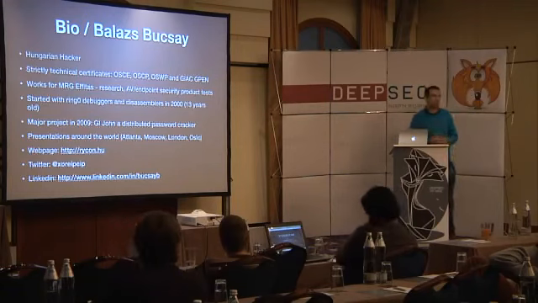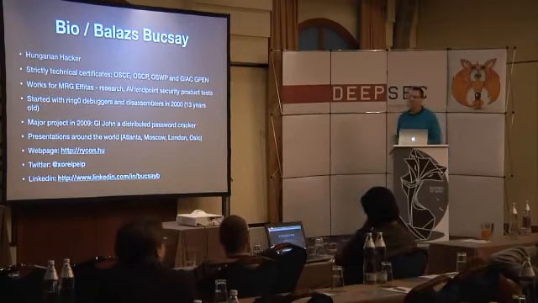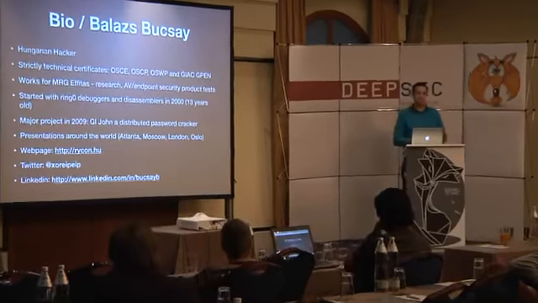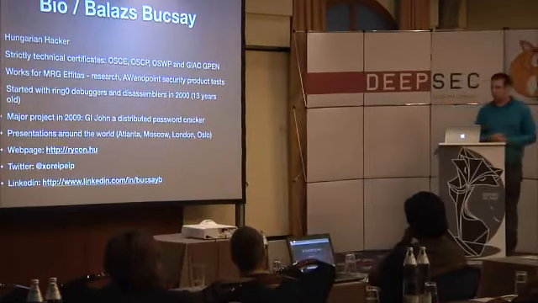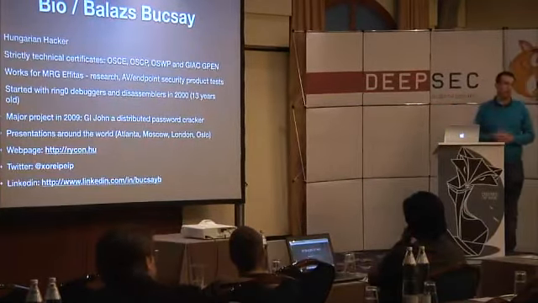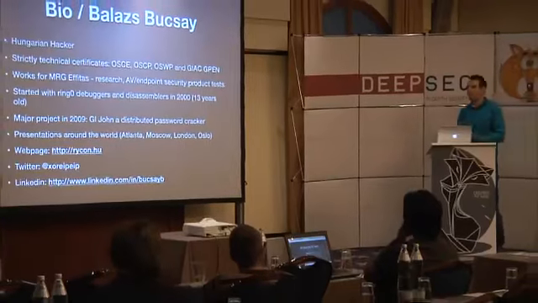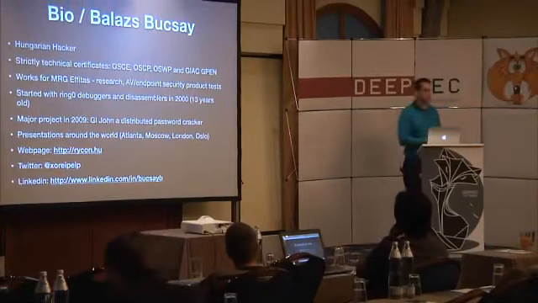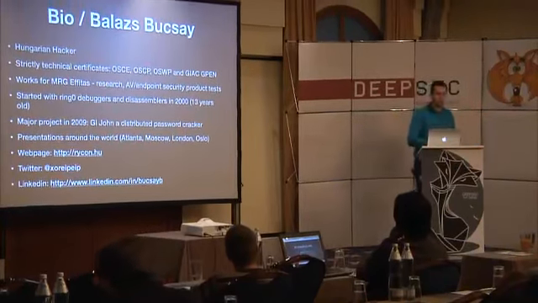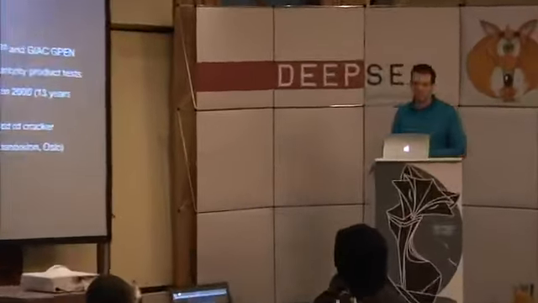Please raise your hand if you know about the GPU John. Okay, I thought so. Only one. It was a distributed password cracker based on John the Ripper. And I had some presentations around the world, including US, UK, Russia, Norway, and now here in Austria. Thank you for inviting me.